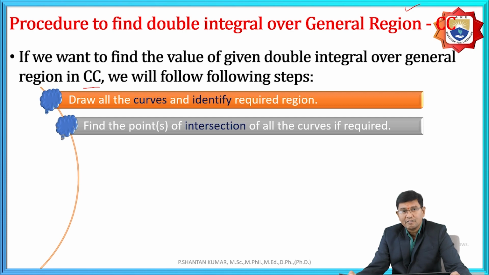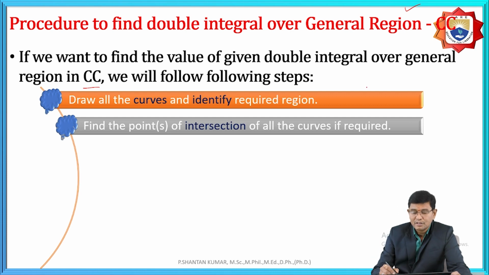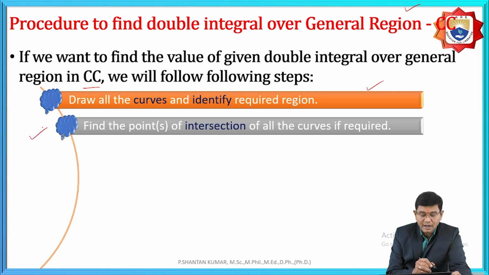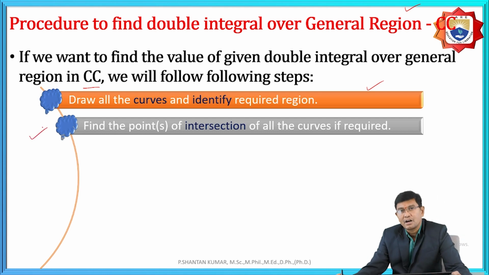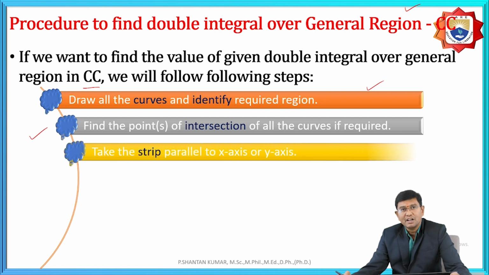That means after drawing the diagram with the help of the given plane curves, we need to identify where they intersect, and find the points of intersection of all the curves if required. Next, take the strip parallel to the x-axis or y-axis.